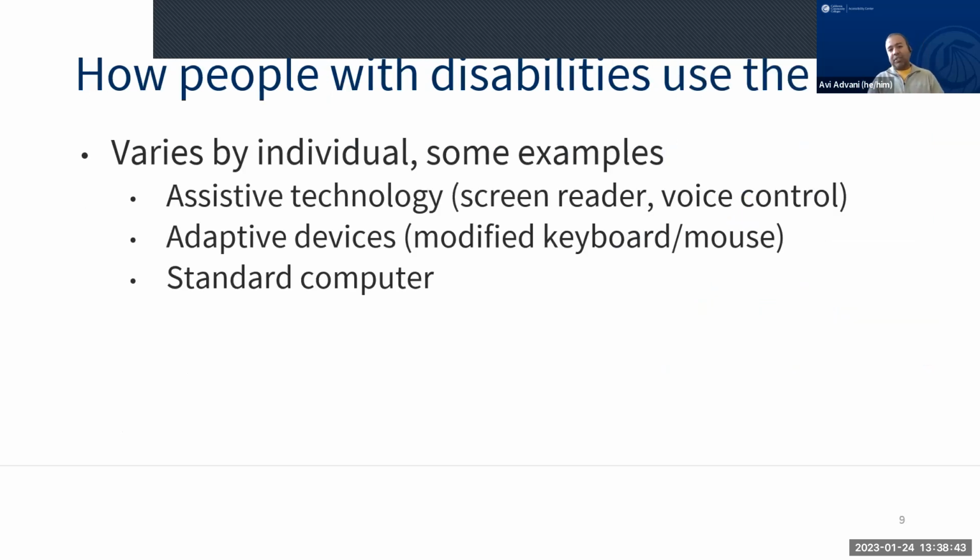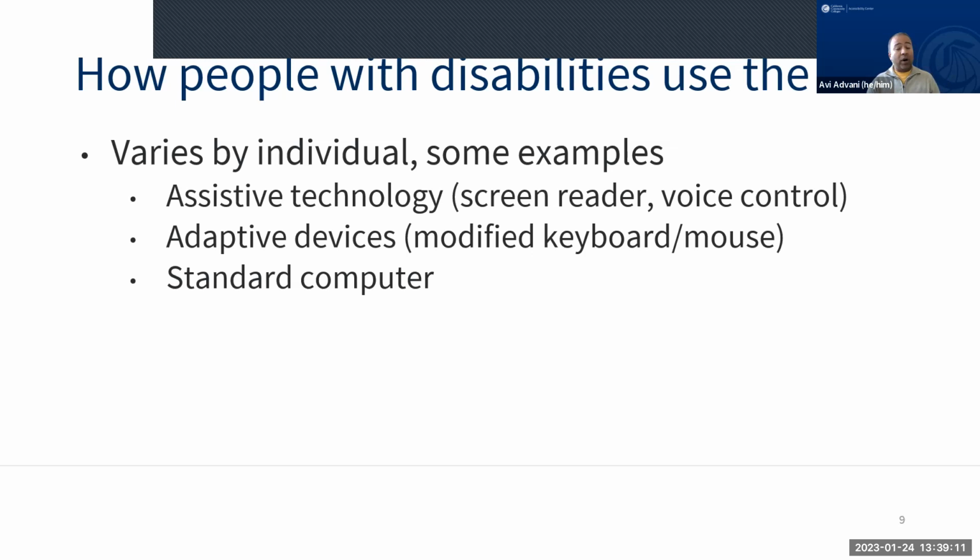So how do people with disabilities use the web? And the answer is, it varies. Some examples are, you have assistive technology. So folks who are blind might use a screen reader that reads their screen back to them. Folks with a mobility disability might use voice control software because they can't use a keyboard or mouse. They can use that to control the computer. We also have adaptive devices. So that's a standard device that's been modified for an individual.